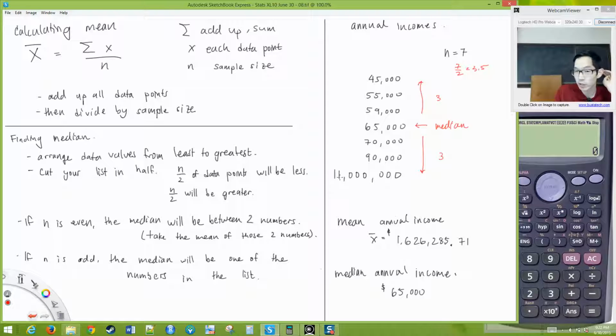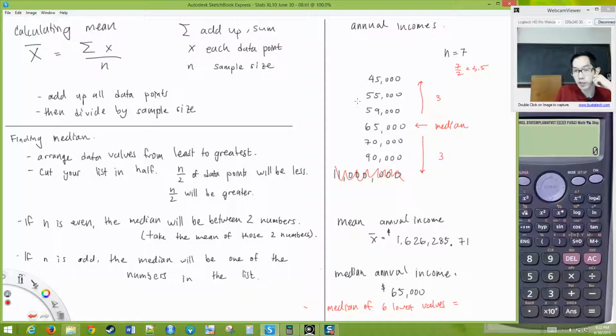All right, just very quickly, what if I scribbled this number out? What happens to the median income now? So if I only have these 6 values, what's the median? The median of the 6 lowest values would then be what?